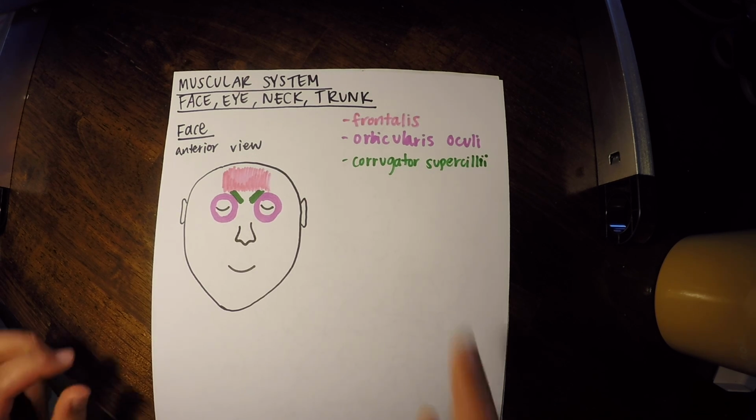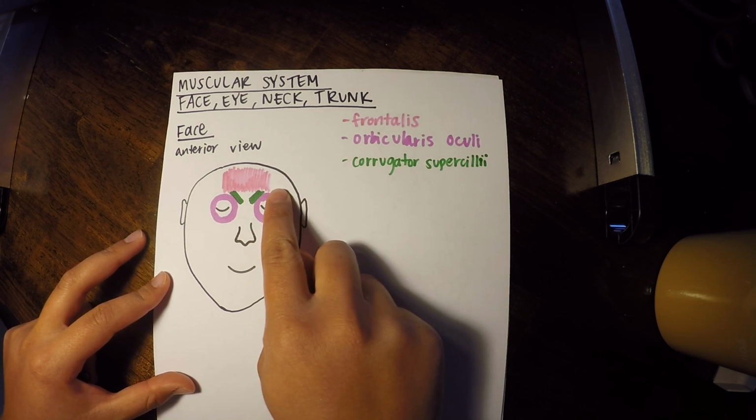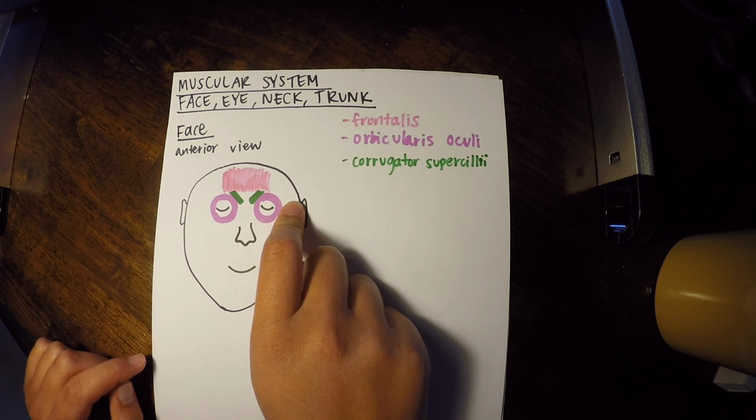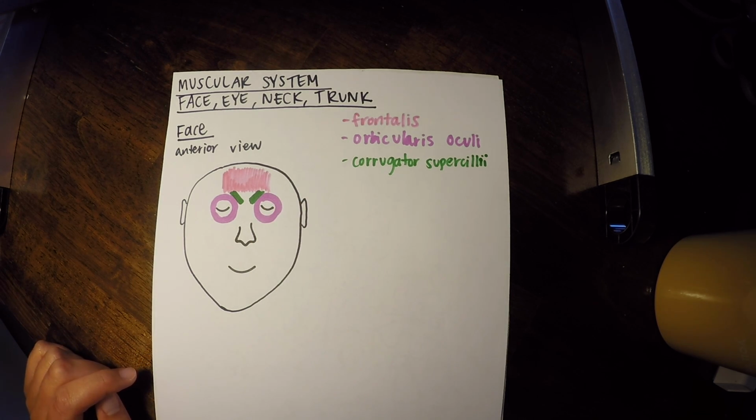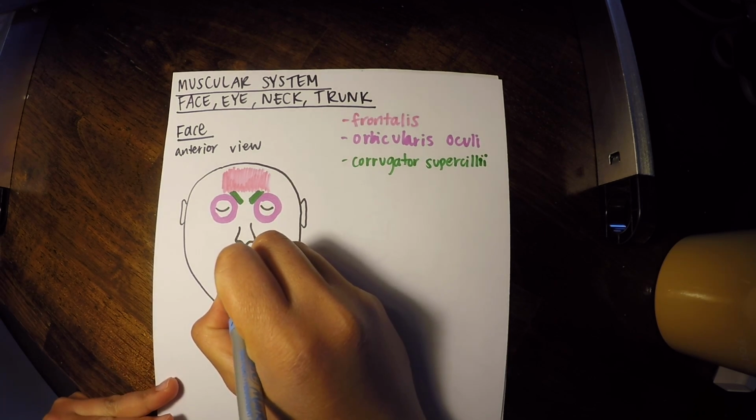Now remember we talked about orbicularis oculi around the eyes. We actually have another orbicularis, and that's our orbicularis oris, that is around the mouth. And it allows people to do a blowing or kissing motion.